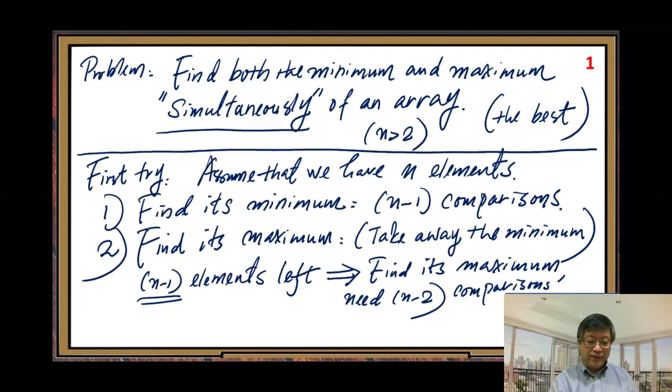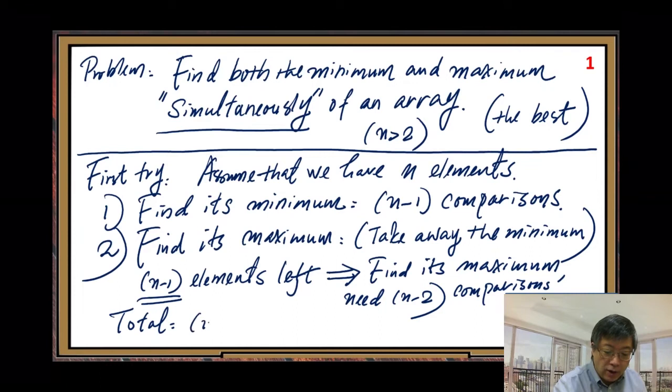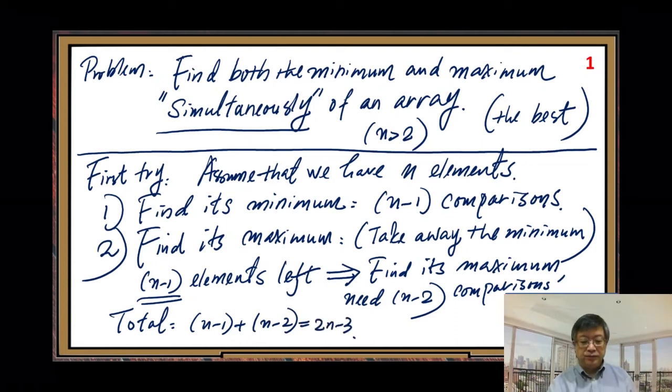Total, because we did 2 steps: the first step n minus 1 plus the second step n minus 2, gives 2n minus 3. So this is the first try solution.